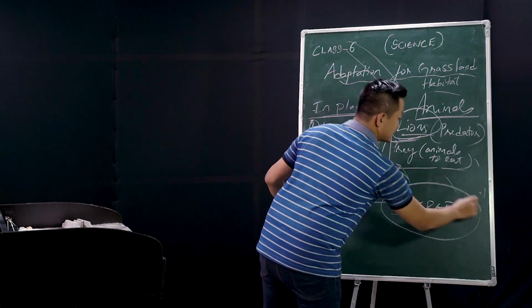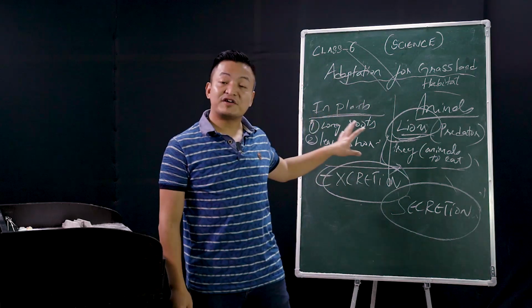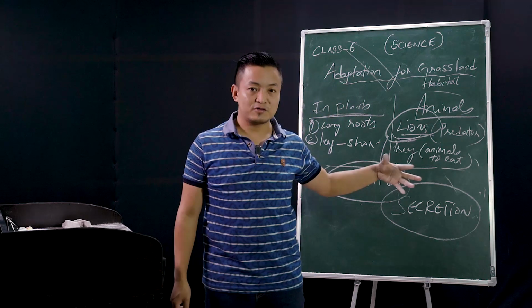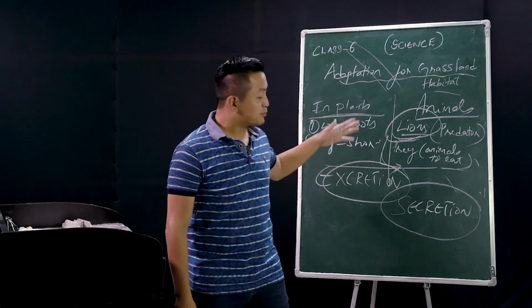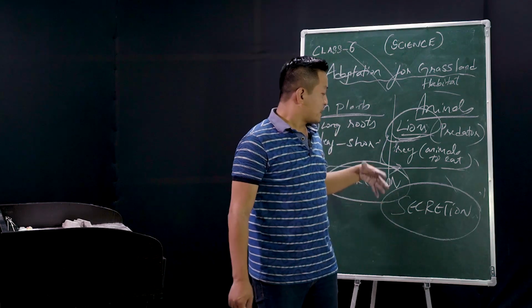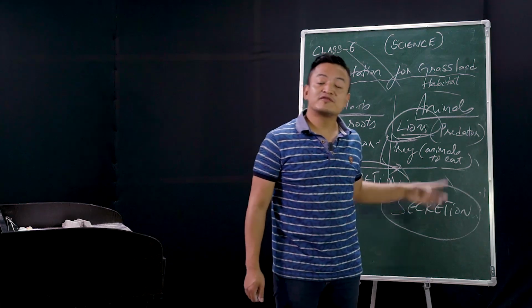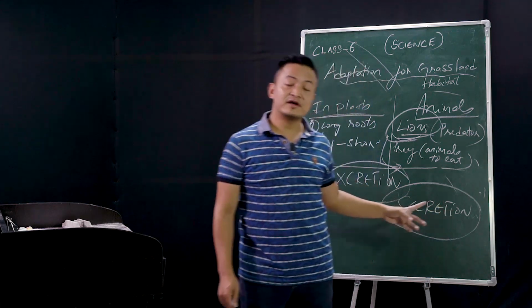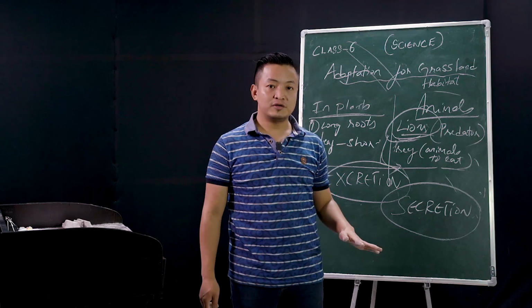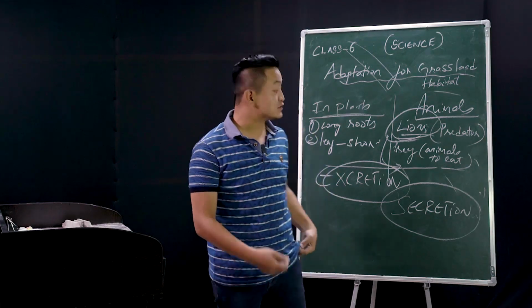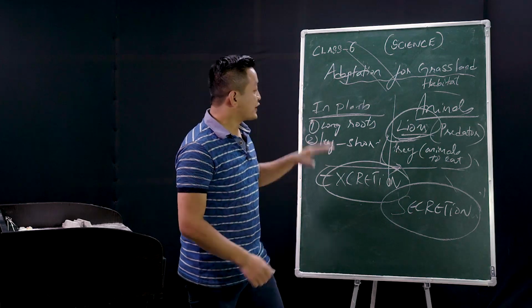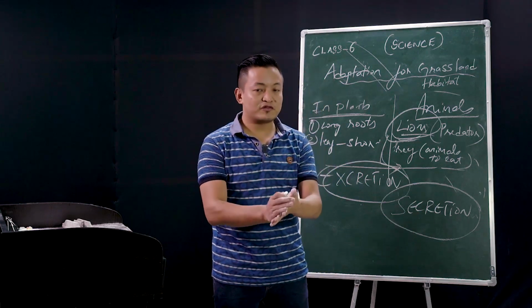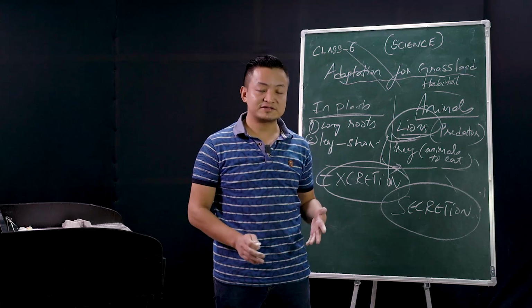Secretion. Clear? So excretion is very common in animals or in human beings, right? Removal of waste. But plants, throwing of waste takes place in the form of secretion. Clear? And some don't throw. They store in their body for a long time without harming them. Clear? Okay, so excretion, now you are familiar with excretion in living organisms.